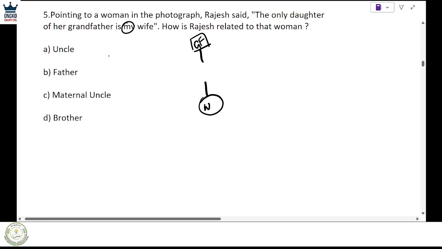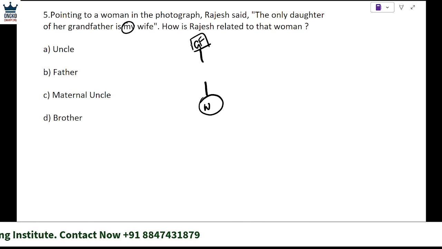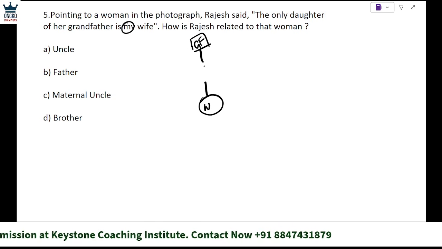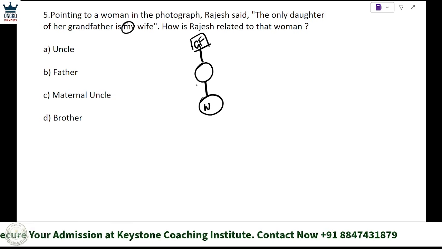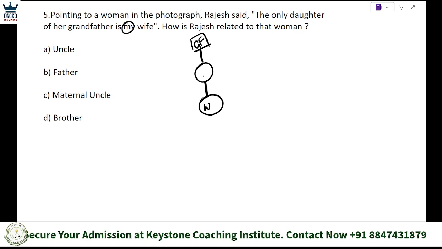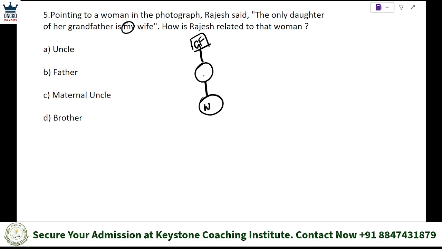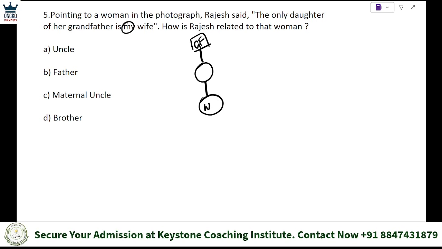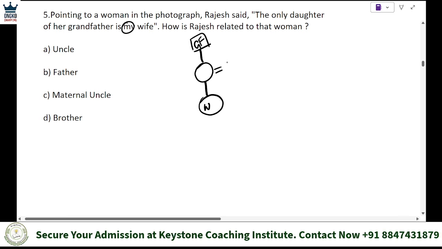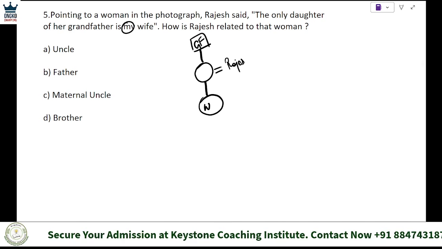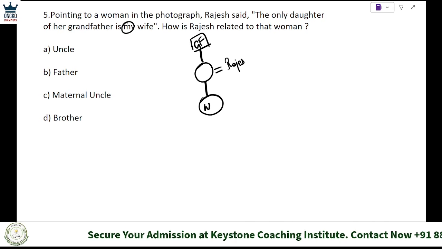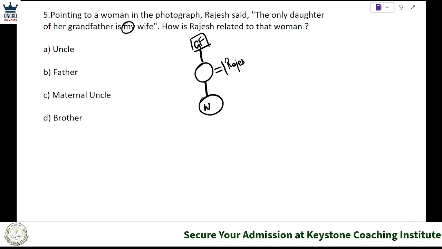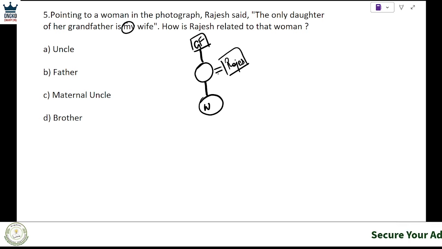The only daughter of her grandfather. Alright, so the woman's grandfather's only daughter belongs to what? This one or no? Yes. So the woman's grandfather's only daughter is my wife, which means Rajesh will be here, no? Yes, Rajesh will be here. So the wife is Rajesh's wife.